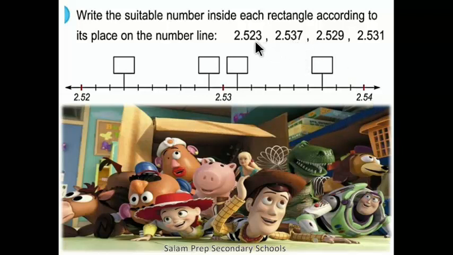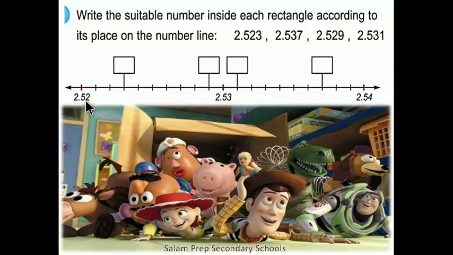But take care, the decimal numbers here are thousandths in the decimal part. This is 3 digits in the decimal part, thousandths. But the decimal numbers on the number line are 2 digits, hundredths.